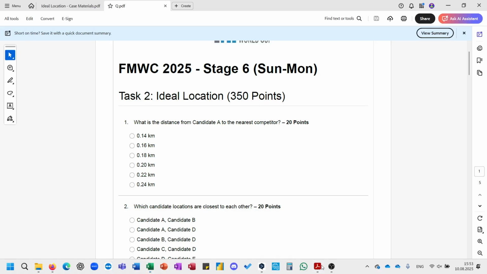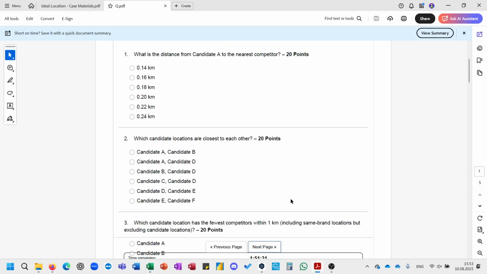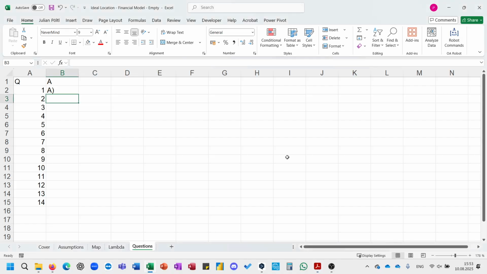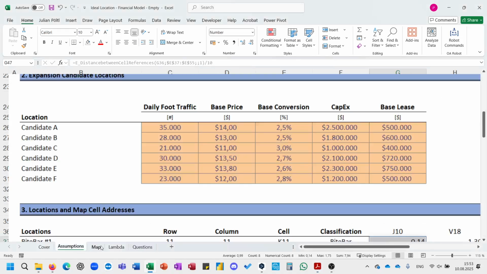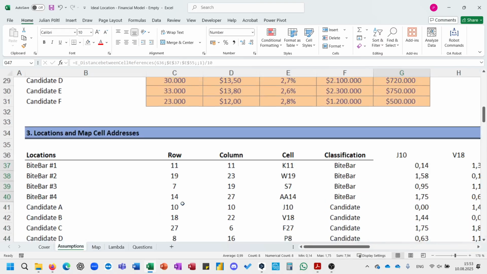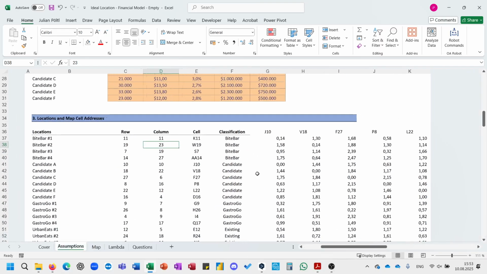The next question is, which candidate locations are closest to each other?